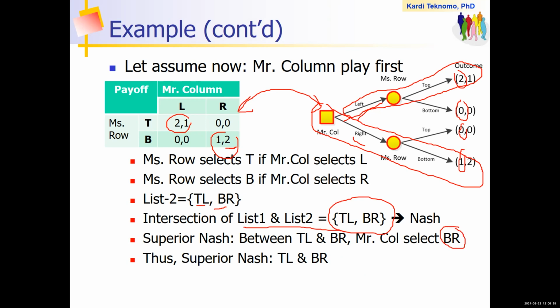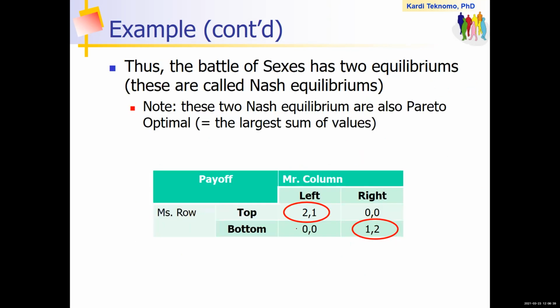Okay, so you get it now. The battle of sexes has two equilibria. Both are Nash equilibria. The first one, top left, is for Miss Row.